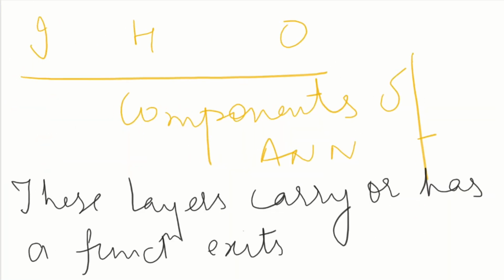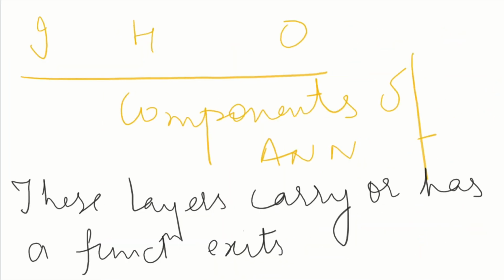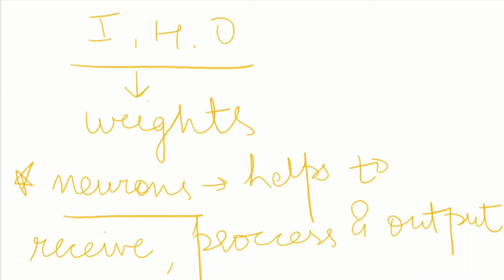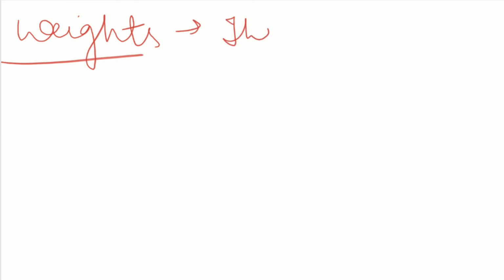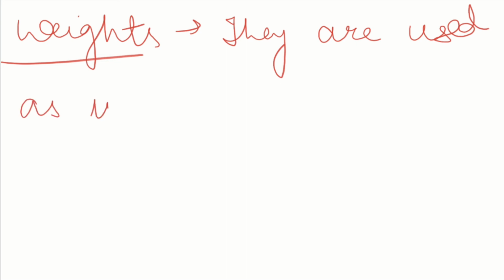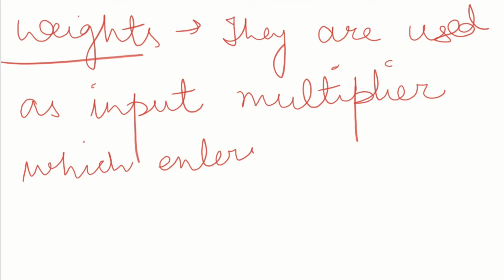We discussed weights which are associated with the input layer, hidden layer and output layer. Let's talk about what are weights here in layers. Weights are used as input multipliers which enter the neuron.